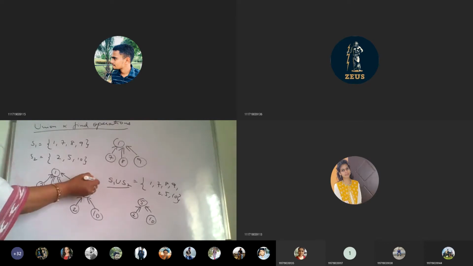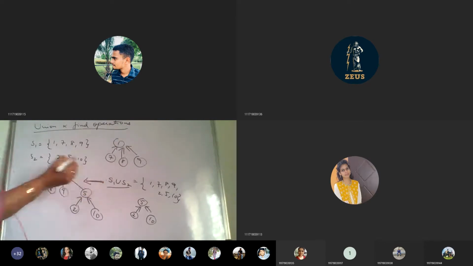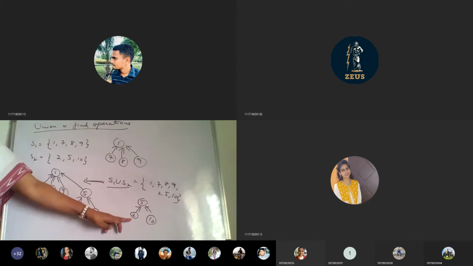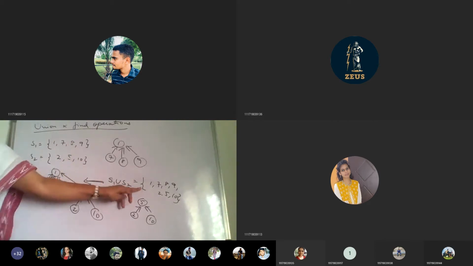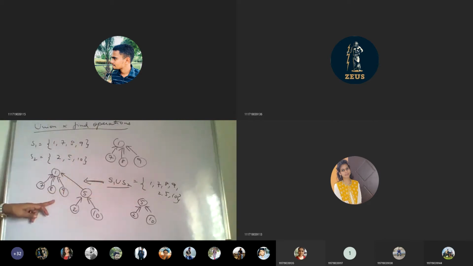This is what we call union. Independently we write S1 like this by making any one element the parent, and in S2 by making any one element the parent, and the remaining will be the children of that node. Union means the combination of both sets' elements written as a set, but their representations we can give like this.